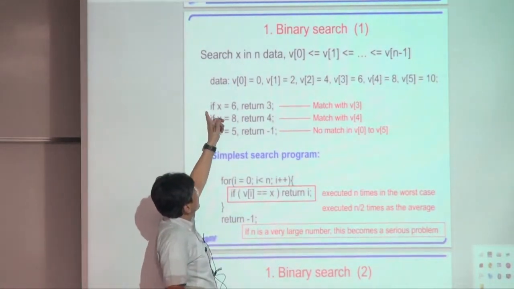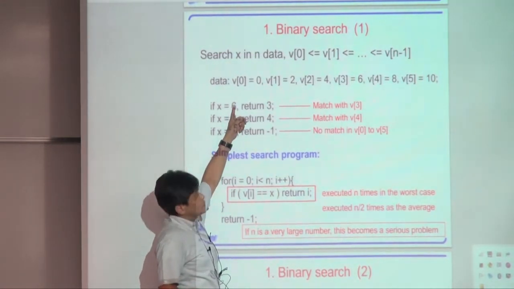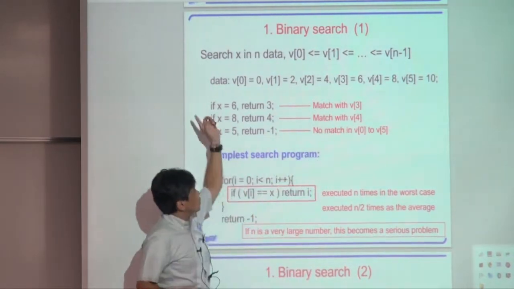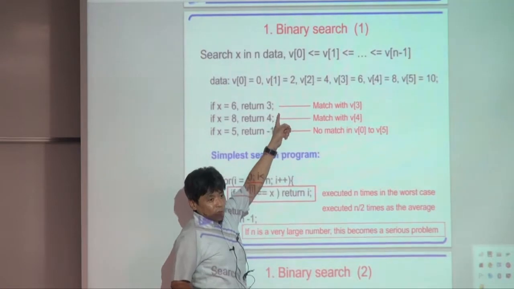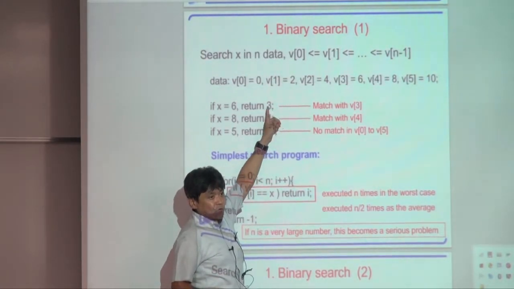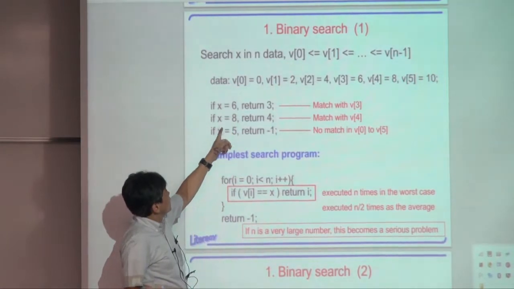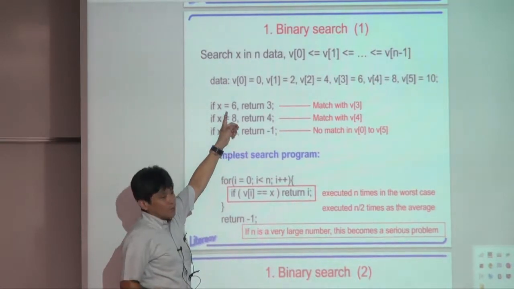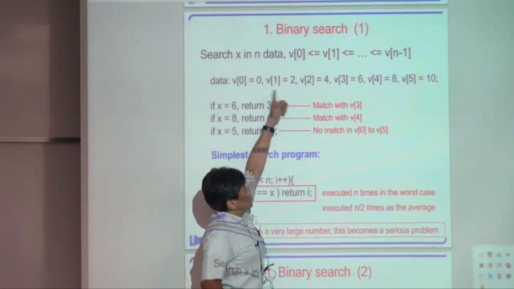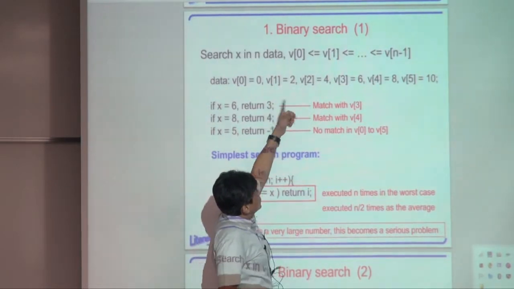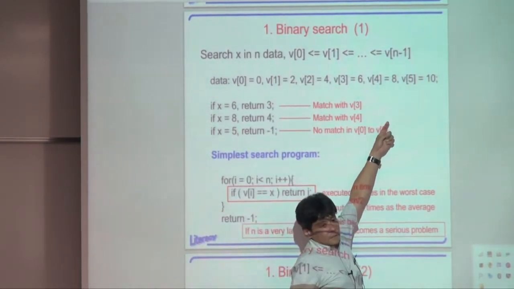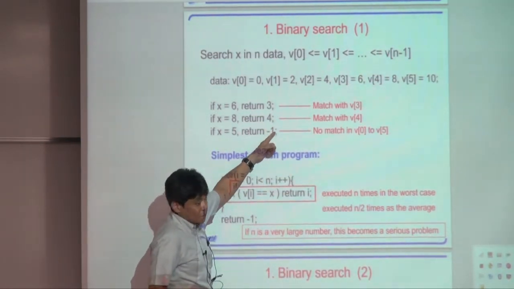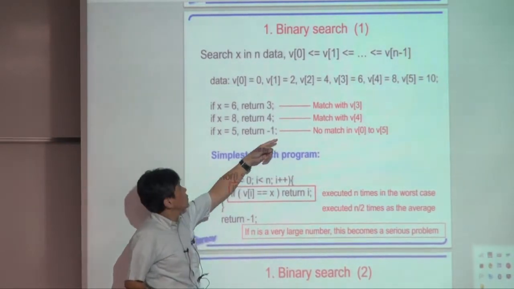If the specified data is 6, the 6 matches this element, so the program returns the position of the data. The actual value is 3. If you specify 8, the program searches for the number 8 in this data, and finds it at position 4, so the program returns 4.